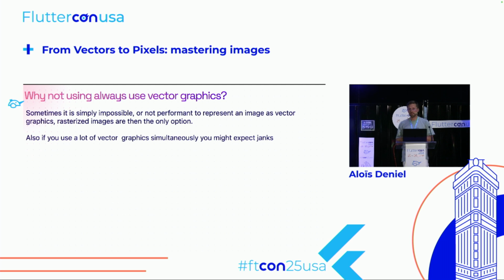So it's really great for building illustrations or icons or this kind of dynamic images. One thing to expect also, if you use a lot of vector graphics on a single screen, you might expect janks because of this processing step of generating all these tessellations and potentially all the other operations required.